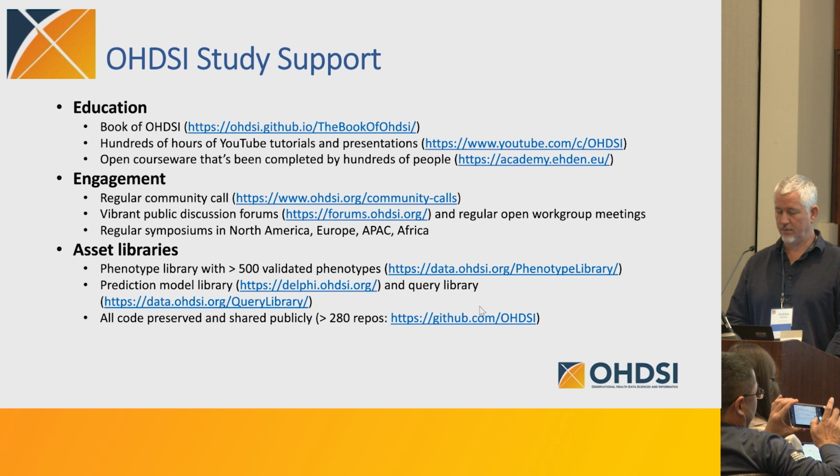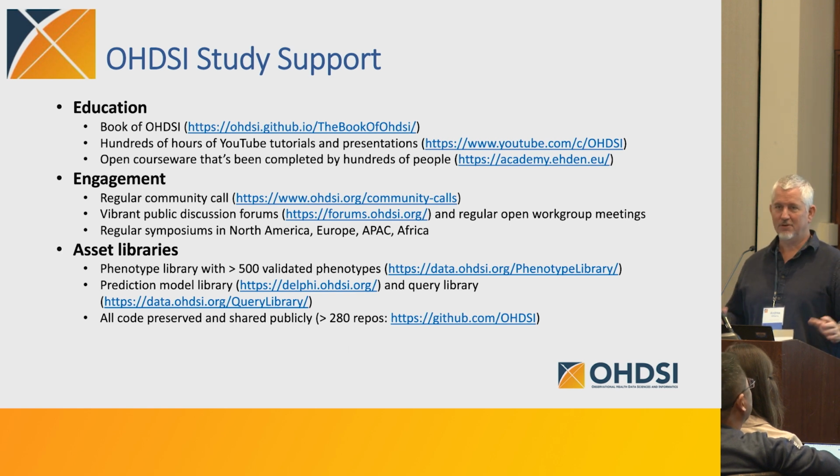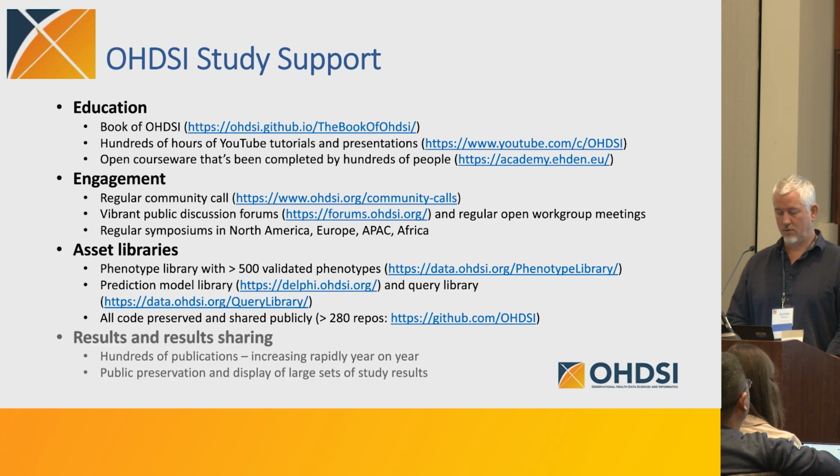And there's those for the phenotypes. There's a prediction model library. Code is preserved for almost all studies. There's been a little bit of movement in the history of OHDSI as to exactly where study code lives and so forth, but increasingly, there's a standard place where all of that lives. And overall, the code, not just for studies, but for all the other things, for the most part, lives in a single place, the GitHub repo for OHDSI.